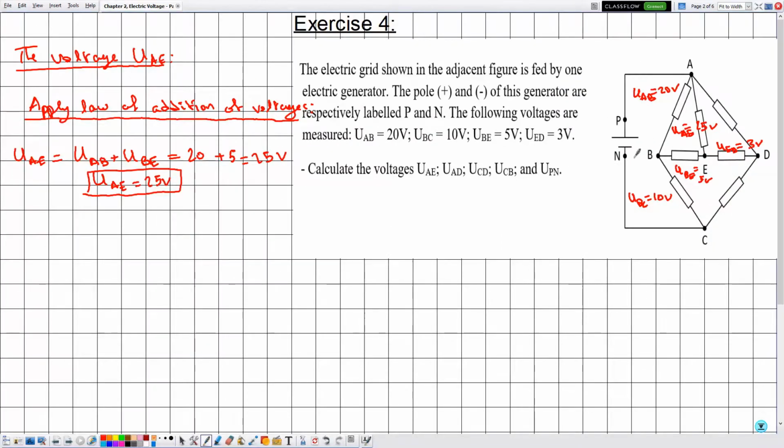Later on they will ask us about the voltage across the battery. Now indeed they are asking us about the voltage UAD. So let me write as a title the voltage UAD, and let me say here apply the law of addition of voltages.